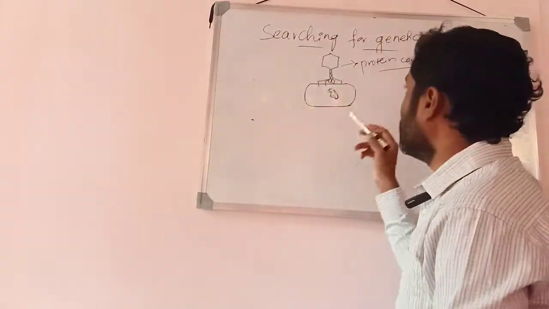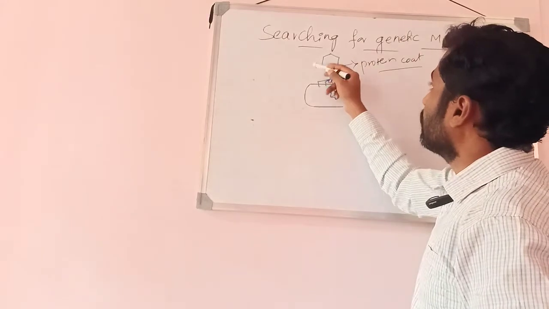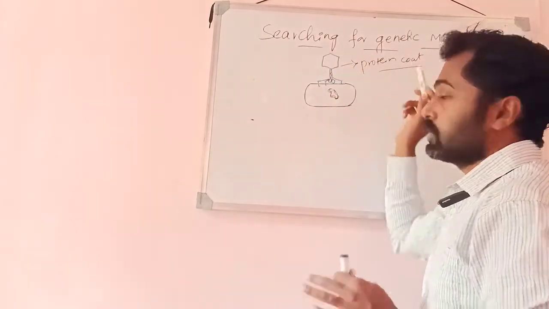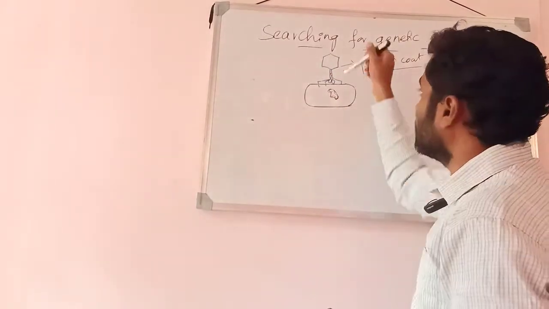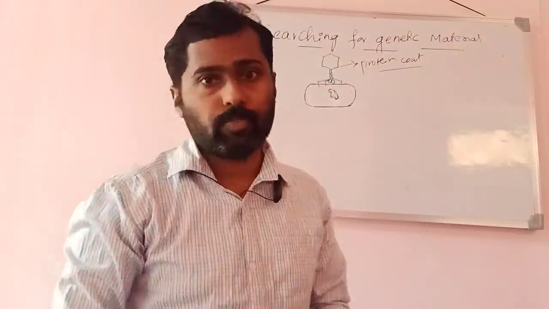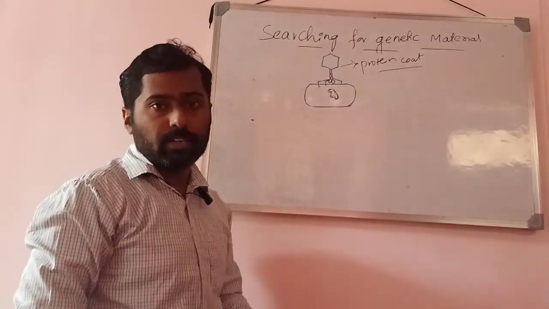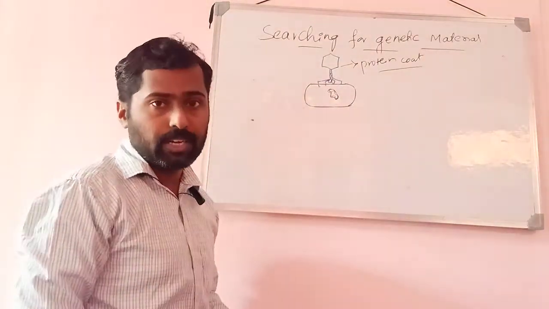So when a bacteriophage infects a bacterial cell, the protein coat remains outside, and only the DNA of the virus enters into the bacterial cells. These bacteriophages then get multiplied inside the cell.